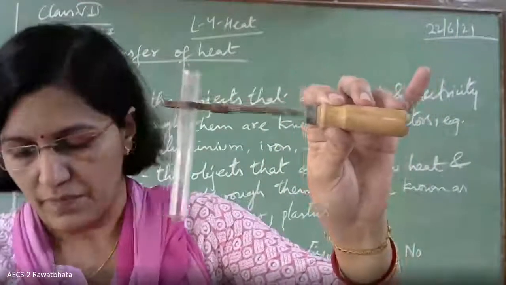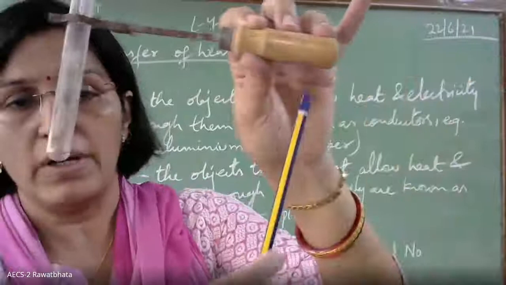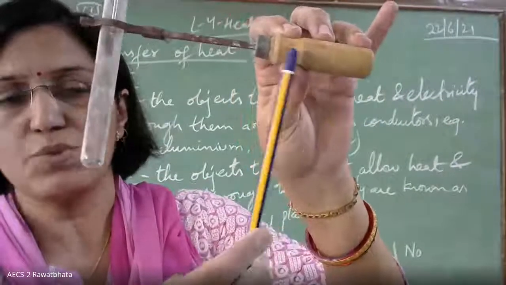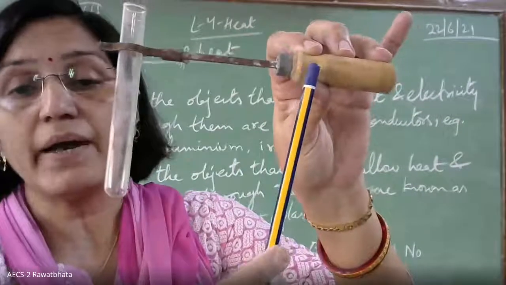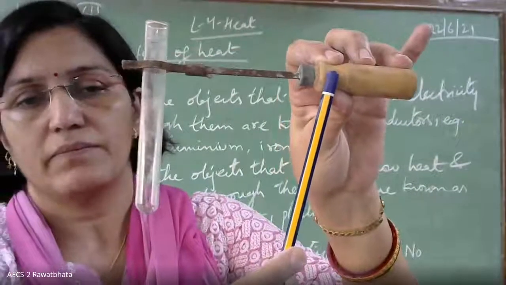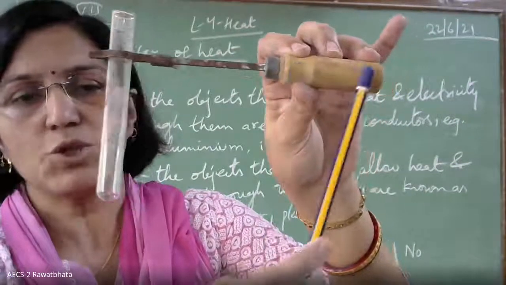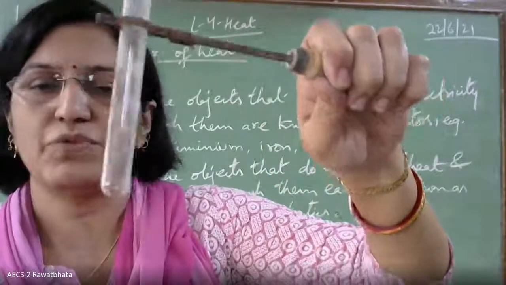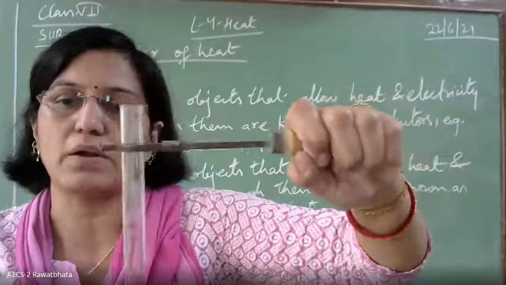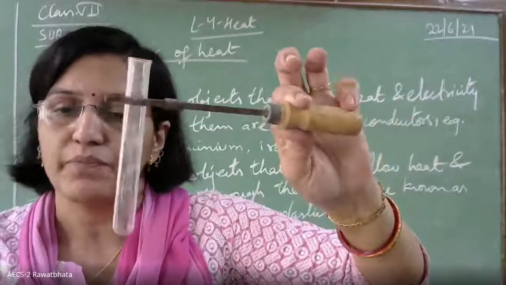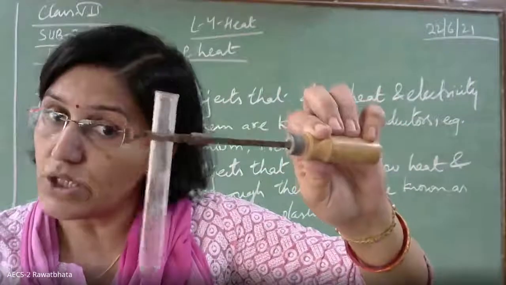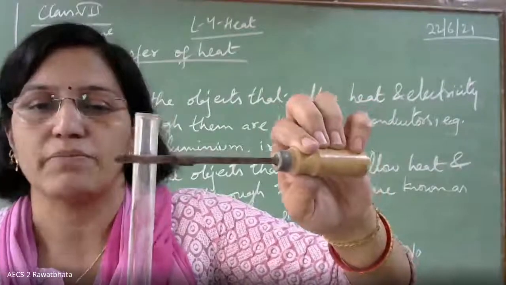The part that I am holding right now is made up of wood. Will it be a conductor or insulator? If I am heating the test tube, I am holding this part in my hands. It has to be an insulator, then only I can heat the objects.